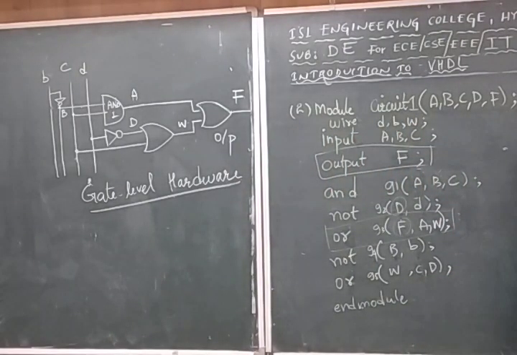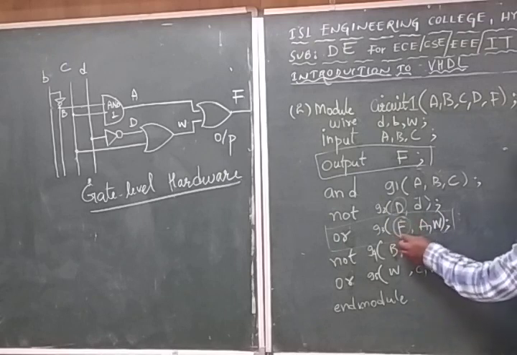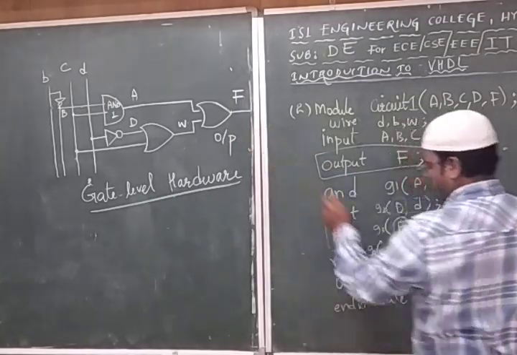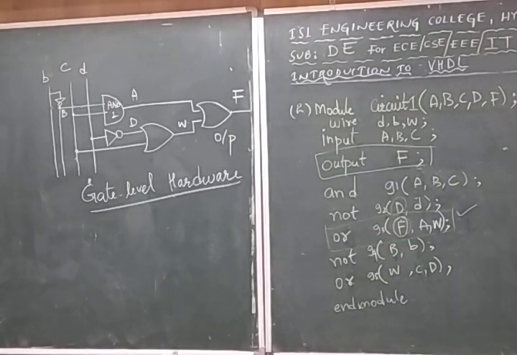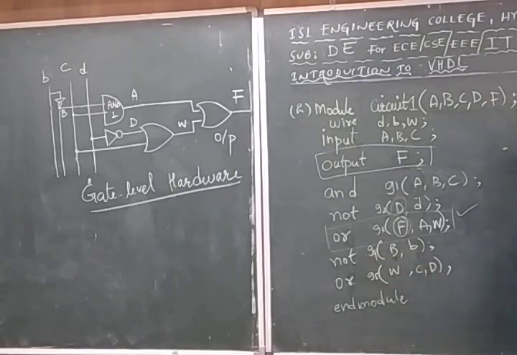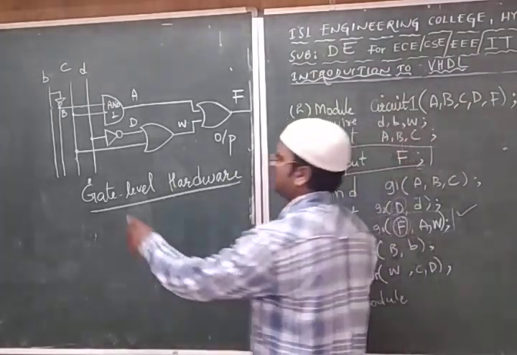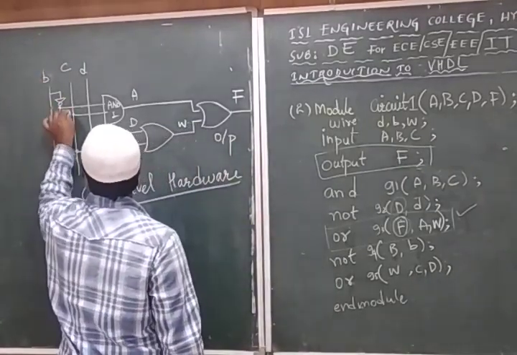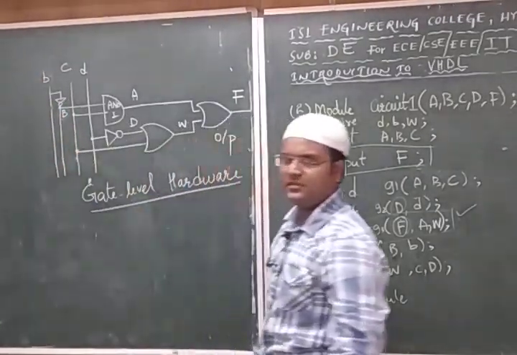Next, for the OR gate, the output is F. So this we should do at the end. This we keep as it is, because F is the actual last output. So we left this and we proceed with the next two statements. So NOT is G4 of B comma b. For the NOT, B is the output, small b is the input, right? This we have designed.